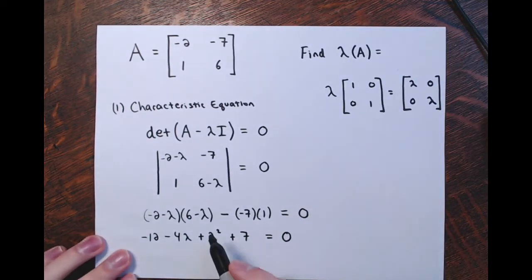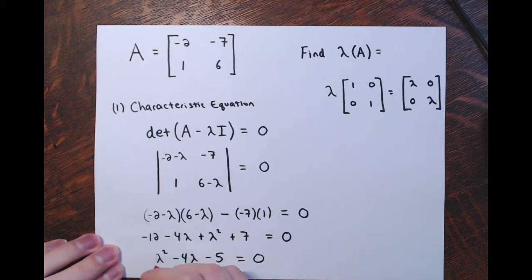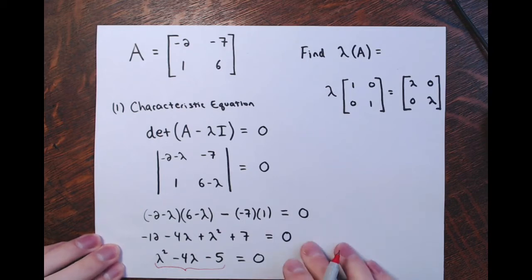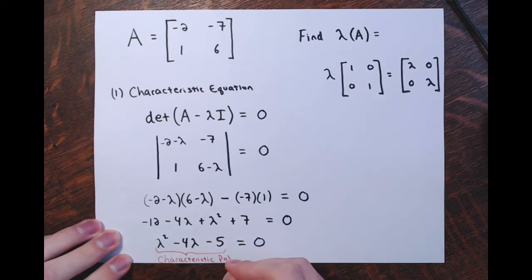We have lambda squared, minus 4 lambda, and then minus 5 equal to 0. And this is what they were calling the characteristic polynomial. Right, the polynomial in lambda that you get on one side of the equation and 0 on the other. So this is what they were calling the characteristic polynomial.